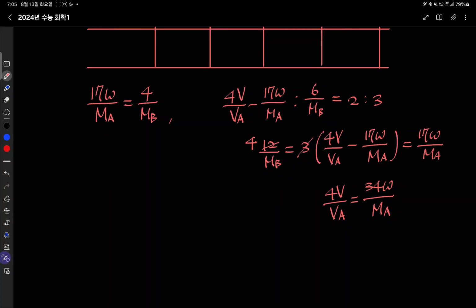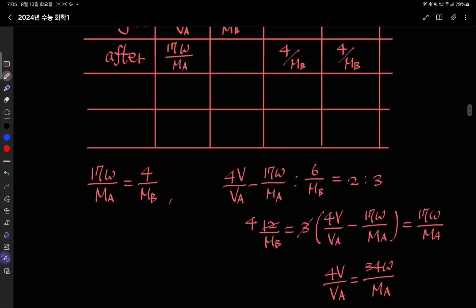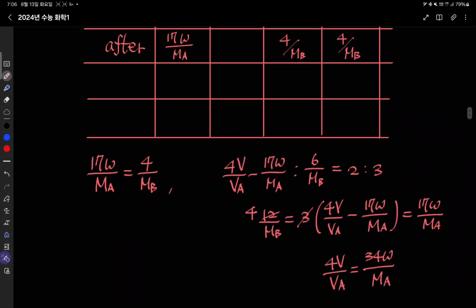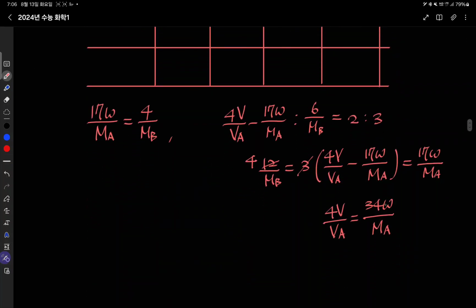And because this is the number of mole of gas A before the experiment, the mass of A in volume 4V is equal to 34 times W.